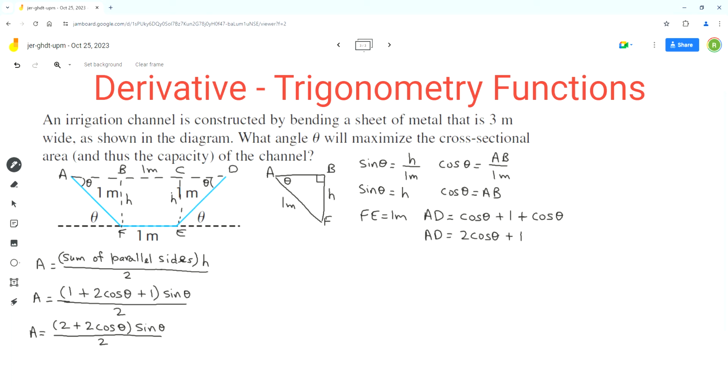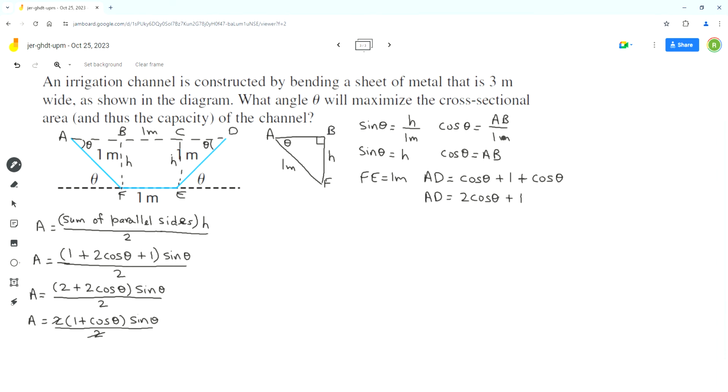And we can factor out a 2 from the parentheses and cancel out the 2's. So this is the expression for the area in terms of theta.